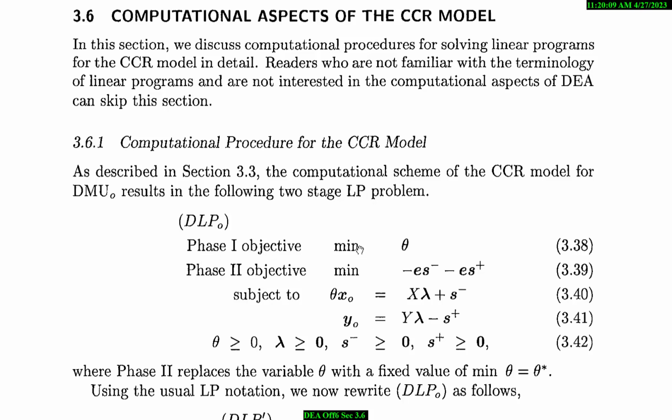The first one minimizes theta subject to the constraints, and in the second phase the summation of the slacks is maximized subject to the constraints, when the fixed value for theta, the optimal objective function value of the first phase, is put instead of theta in the constraints, but the other constraints are the same.